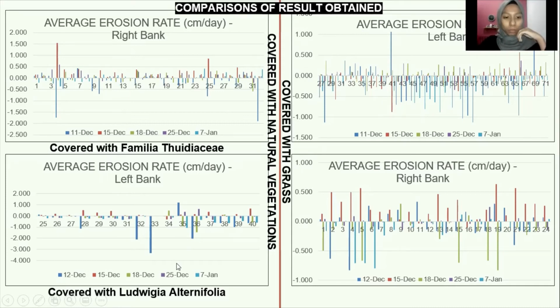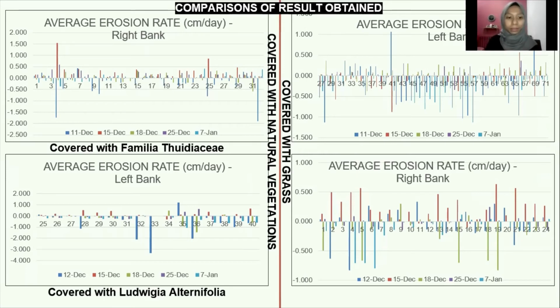And then for the Ludwigia, only a few sections go through the erosion rate, or maybe that section is not covered with Ludwigia. I mean, Ludwigia is not along the bank itself. Maybe it's on a certain section of the bank. The section that is covered with Familia is the section at the rectory building, at the straight section on the right bank.